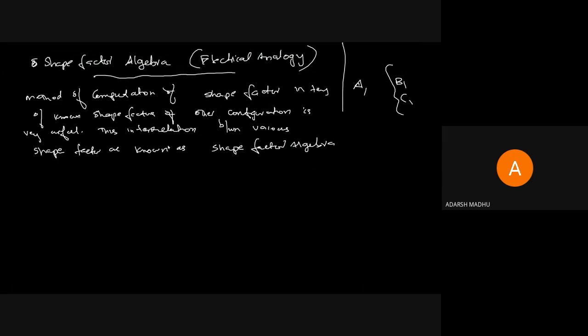For example, we are to find out the shape factor value of a body A1. So for finding the value of configuration factor or shape factor of A1, the given values are the shape factor values of B and C related to A.